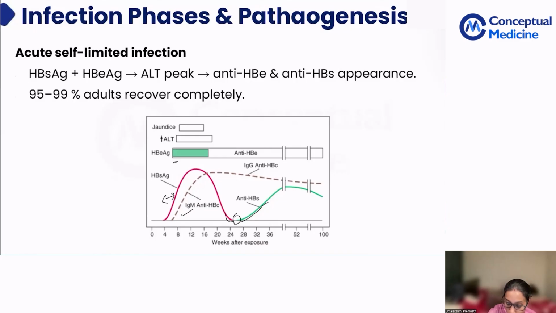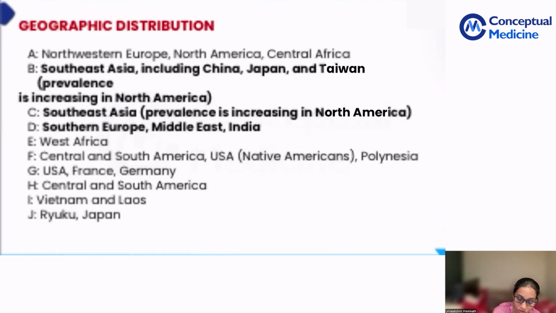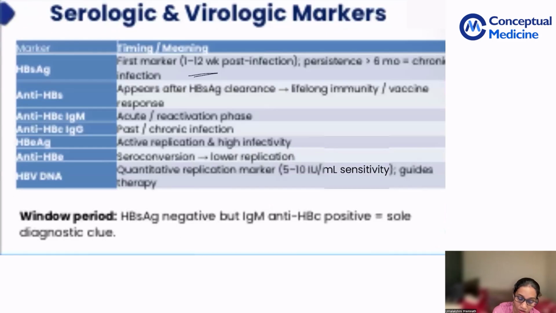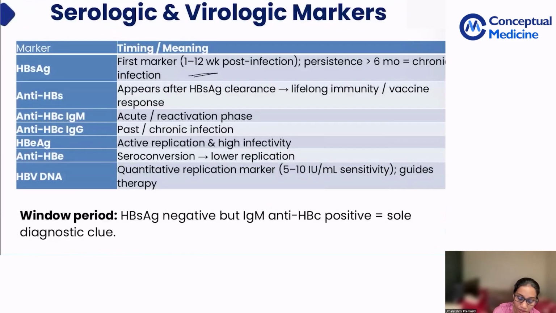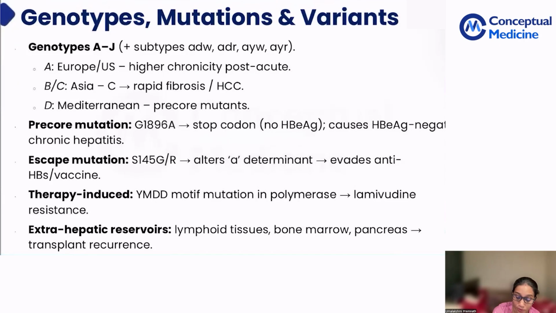During that time, what is still positive? You can have IgM anti-HBc. So that is your window period. HBsAg is negative, anti-HBs is not positive, but your IgM anti-HBc will be positive. That is the sole diagnostic clue. Window period means IgM anti-HBc.